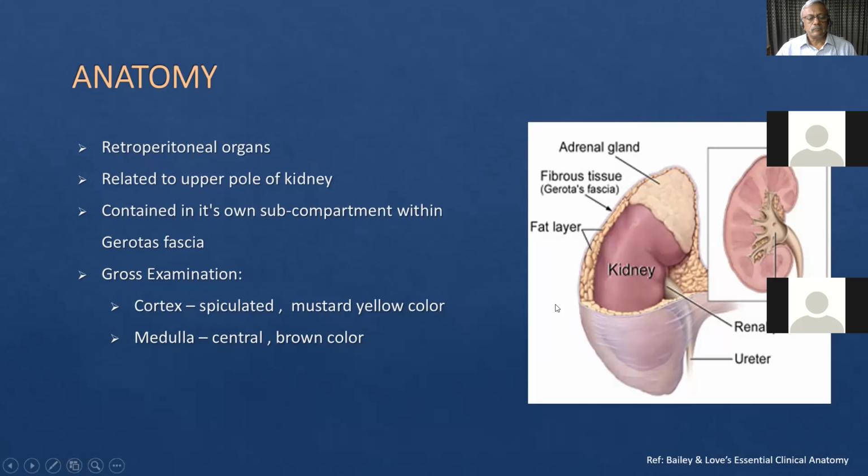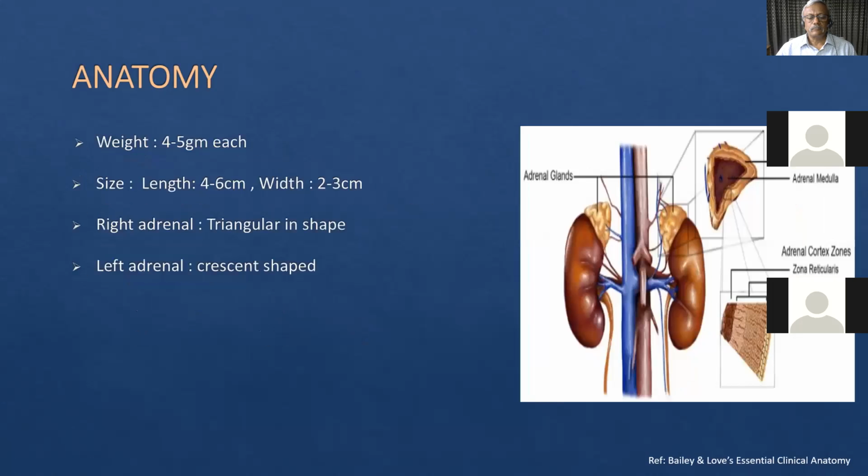The outer cortex is lobulated and mustard yellow in color, whereas the adrenal medulla is central and brown yellow in color. Each adrenal gland weighs around 4 to 5 grams, and is around 4 to 6 centimeters in length and 2 to 3 centimeters in width. The right adrenal gland is triangular in shape, and the left adrenal gland is crescentic in shape.